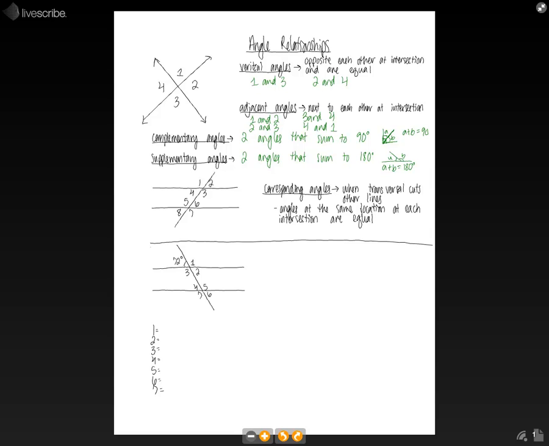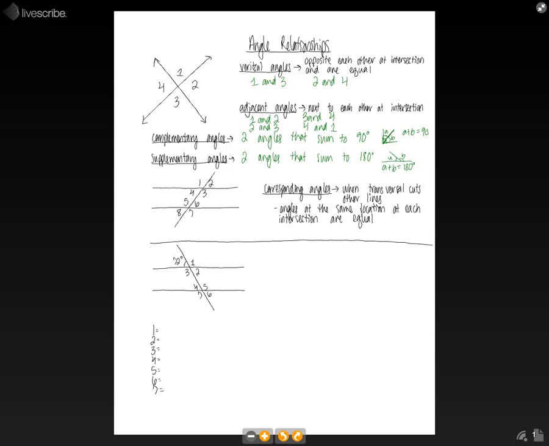So we see that we have the two different intersections, the one on the upper line, which contains 1, 2, 3, and 4, and the intersection at the lower line, which has 5, 6, 7, 8. So the angles that are at the same locations at these two intersections are going to be our equal corresponding angles.